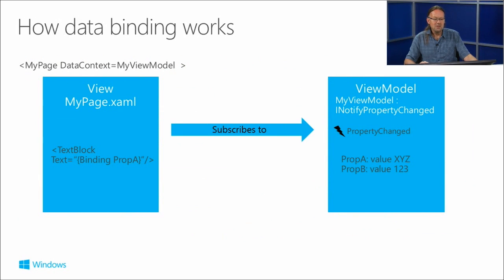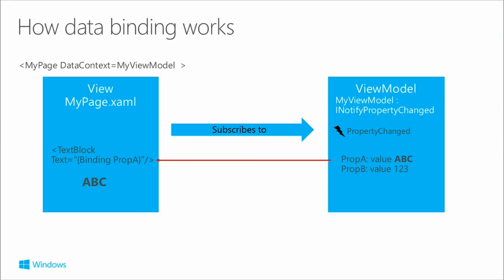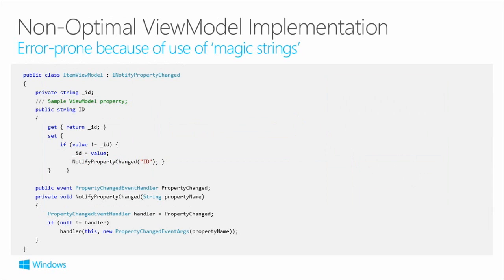The view subscribes to the PropertyChanged event, and so whenever anything changes, like property A or property B, then like property A has changed here, it fires the PropertyChanged event. The view will get that because it's subscribed to the event, and it will go off and pull the new value of property A from your view model and update the UI. That's in simplicity what it is.